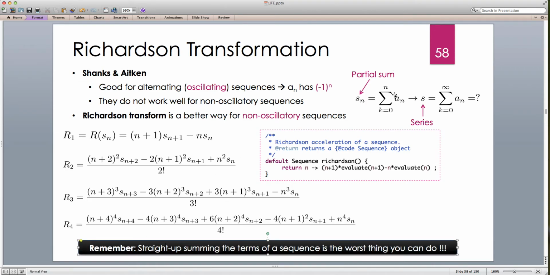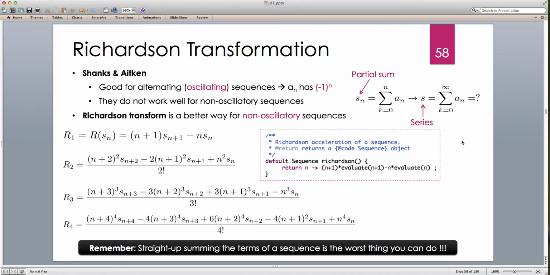If you are given a sequence, straight up summing the terms of a sequence is always a bad idea, because most of the sequences that we deal with, especially in the engineering problems or physics problems, have a very slow convergence rate. So we just don't want to sum it up. I mean, the information is in the series, right?